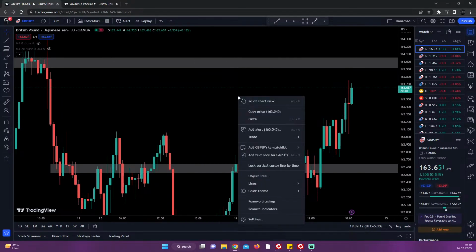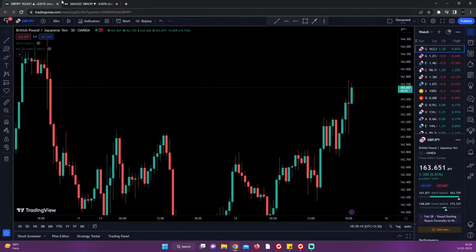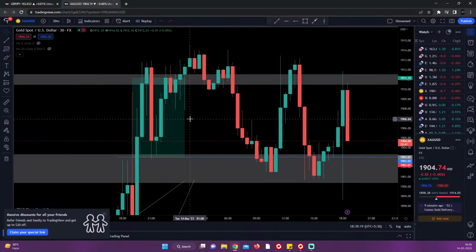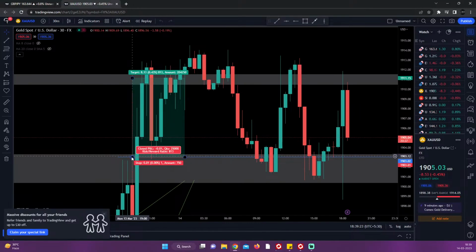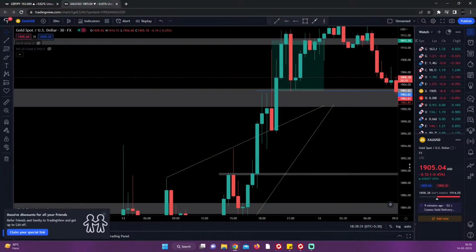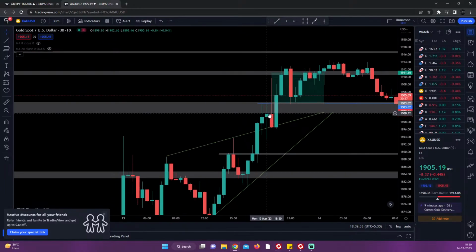So I'm gonna just remove all the drawings from the chart and we will be analyzing fresh. Oh, so yesterday gold, this candle where we took the trade, it just went all the way up, and after that it retraced back down and closed bearish.